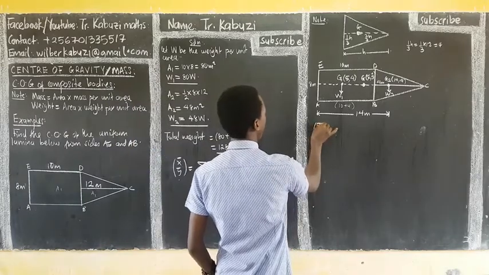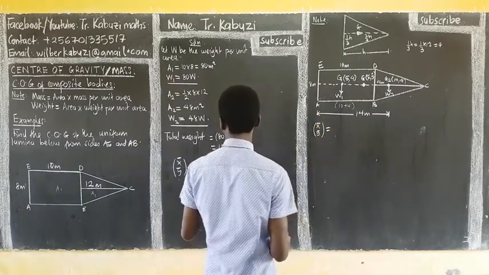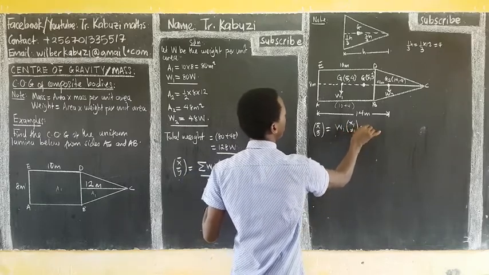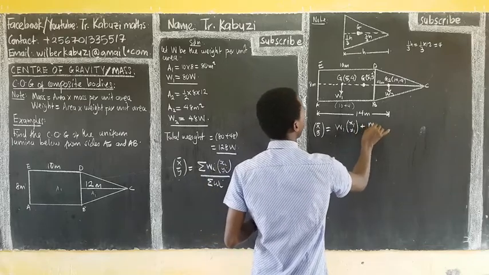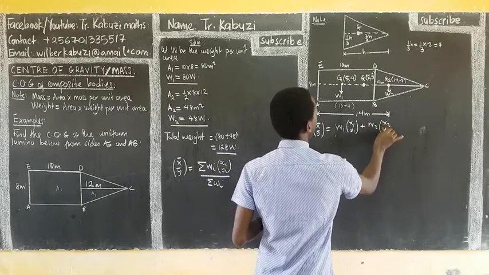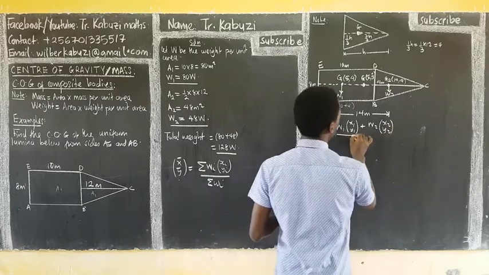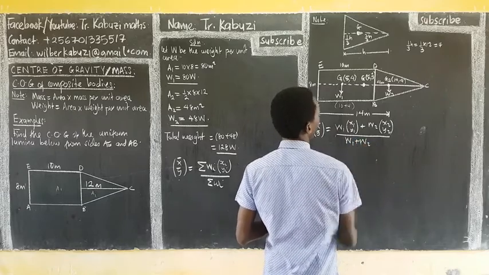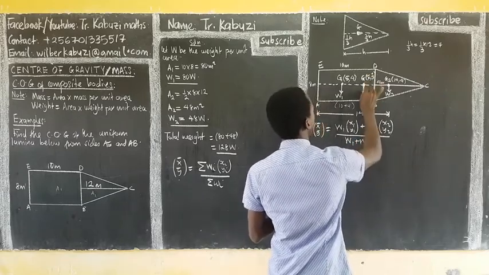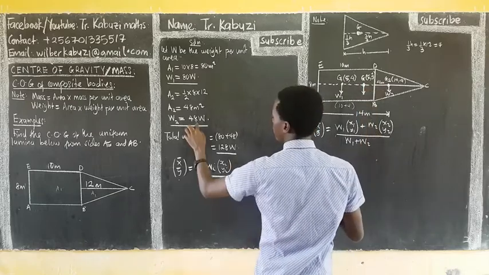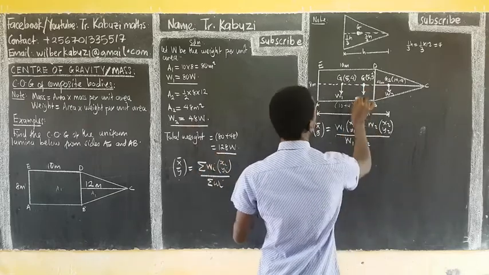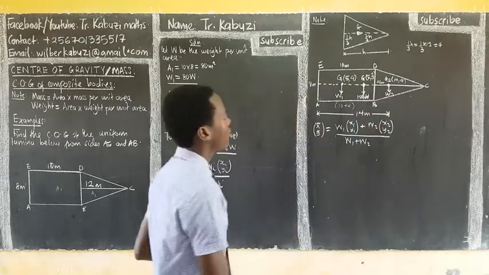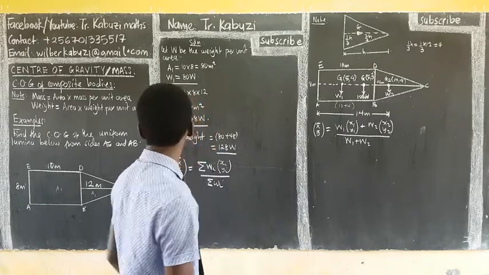Our x bar, y bar is going to be the weight 1 times the coordinates of that weight 1, plus weight 2 times the coordinates of that weight 2, which we have already, all over the corresponding weights, which we just add. Now, of course, our center of mass is going to act there, and this is what we added, 128 W. That's where it's going to act. Simple as that.